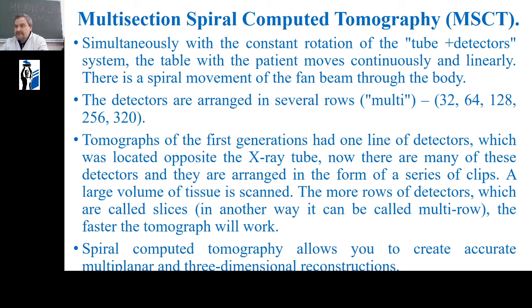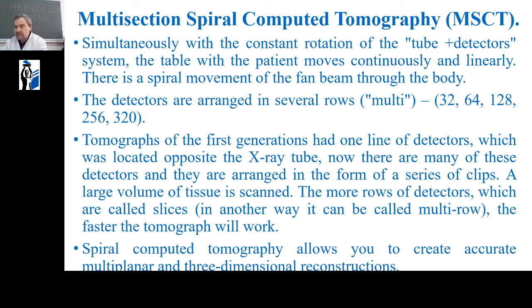Multi-section spiral computed tomography (MSCT) is performed simultaneously with the constant rotation of the tube plus detector system. The table with the patient moves continuously and linearly.